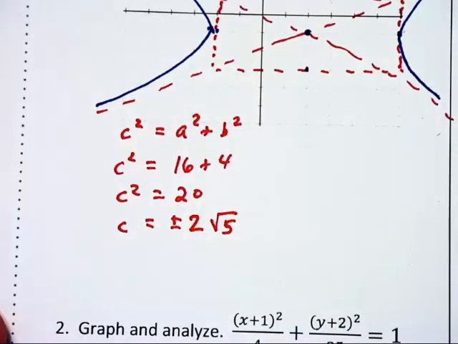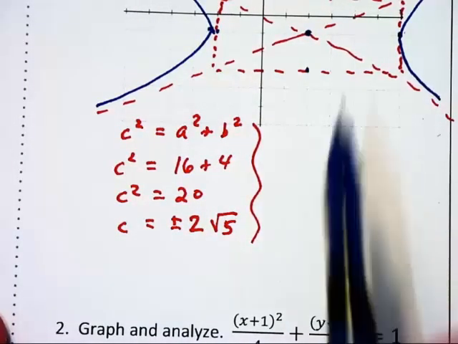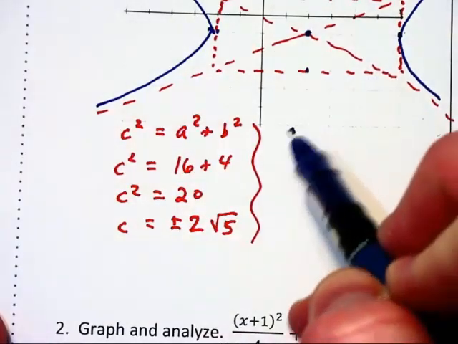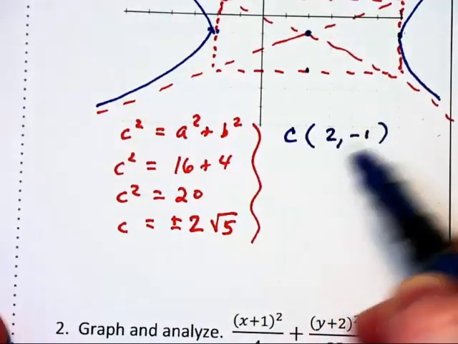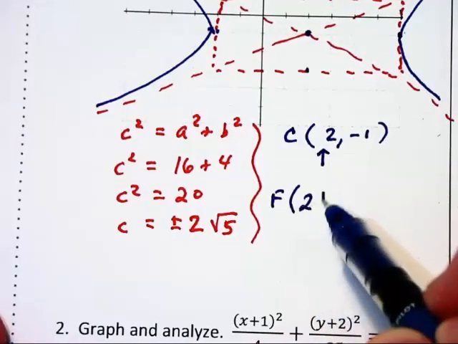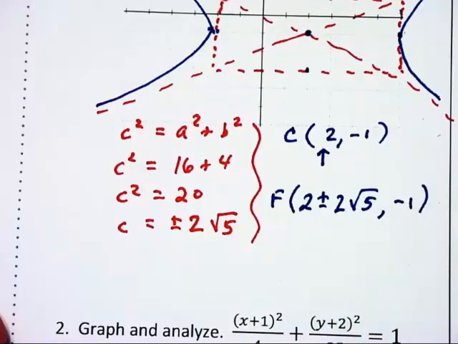Okay, now let's go through and find the foci themselves. They will be left and right of the center, and since the center was at 2, negative 1, we will affect that 2 there and have the foci at 2 plus and minus 2 root 5, negative 1.